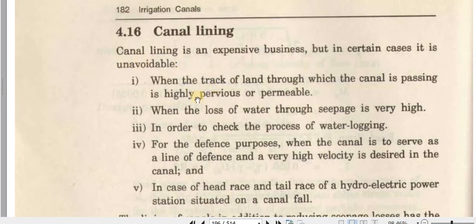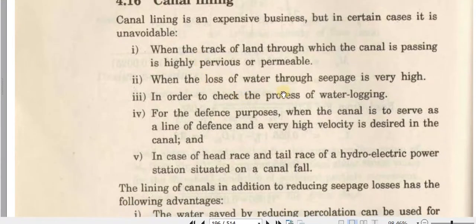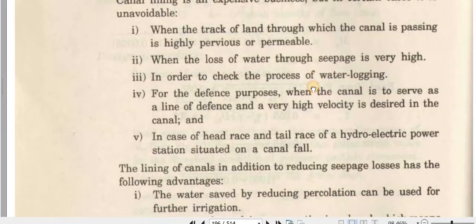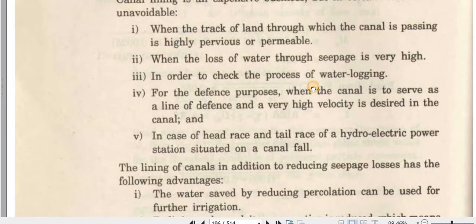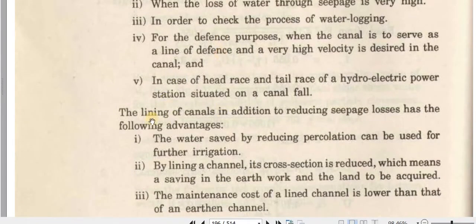Canal lining is an expensive business, so it is done when it is unavoidable, when it is necessary: when the tract of land through which the canal is passing is highly pervious and seepage losses are high; to control water logging, when the groundwater is very near the root zone; and when the canal is to serve as a line of defense and the water should remain in that canal.